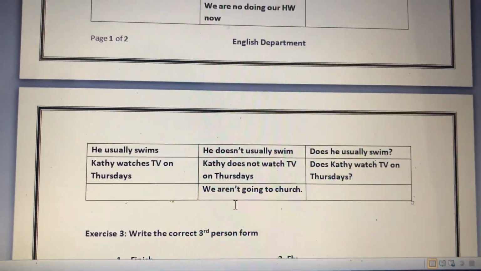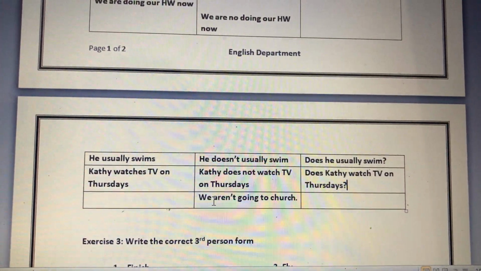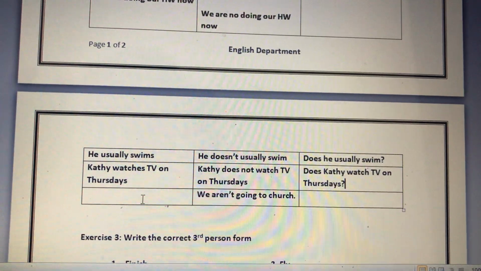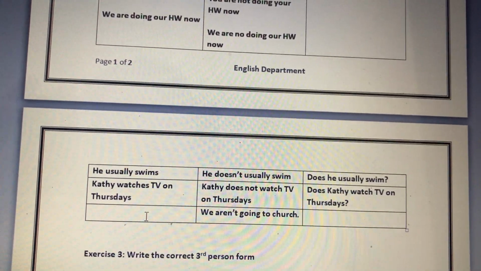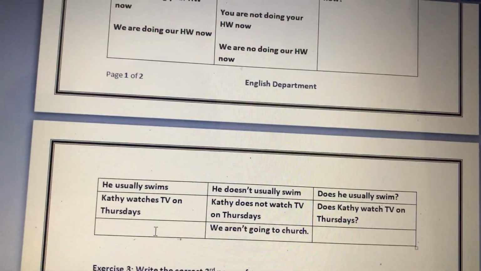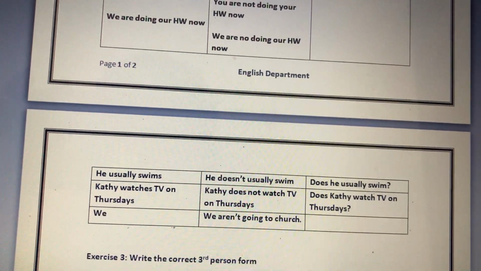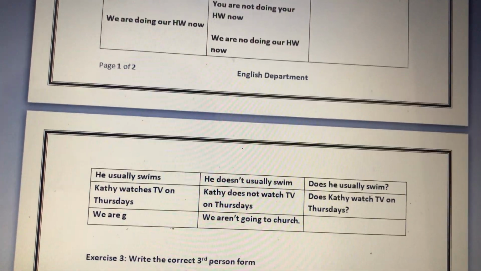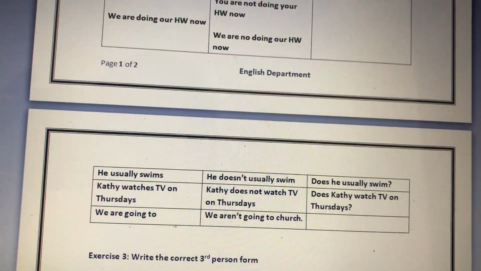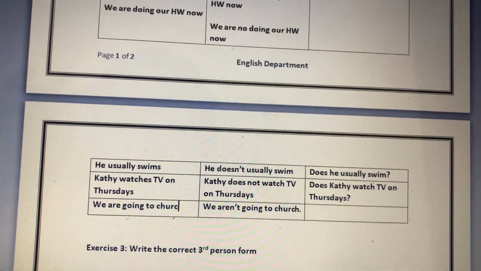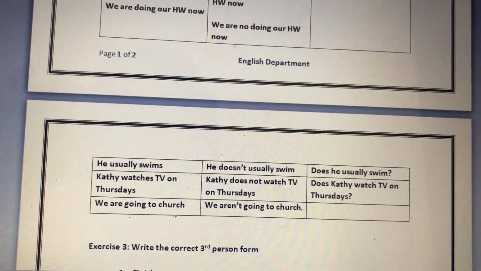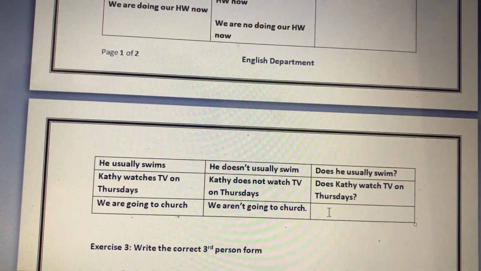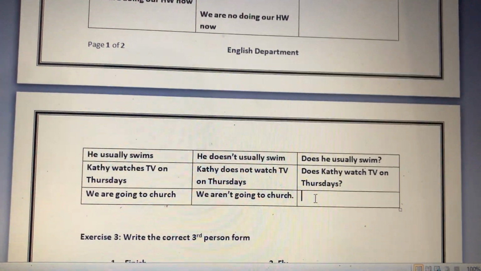Let's go to the last sentence, and it's in the negative form. We aren't going to church. It's a present continuous form. We aren't going to church. We are going to church. The question form of it, are we?